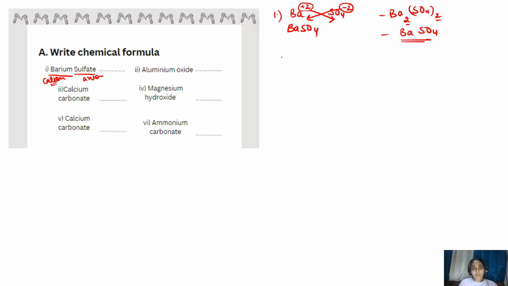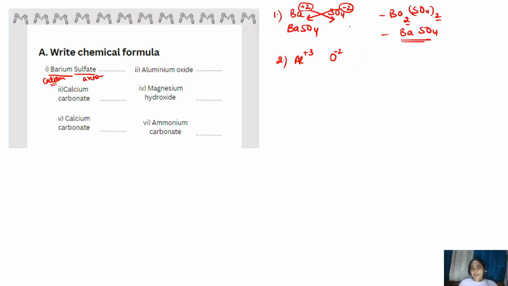Let's take the second example. We have aluminium. Aluminium belongs to third group and its symbol is Al, and the valency is 3, Al +3. And oxide is -2; oxygen has valency 2, that means it has charge -2. We have already discussed why oxygen has valency 2 in the first video. I am writing the formulas directly here. Aluminium +3 and oxide -2.